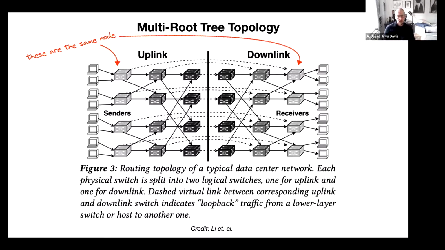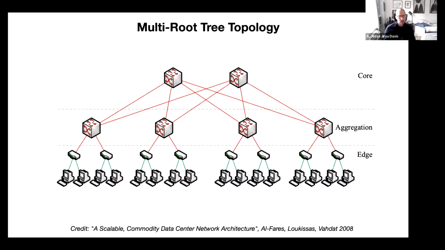I found this other diagram, which I found much clearer, in a 2008 paper of a multi-root tree topology. So you can see it has two roots. Messages between pairs of nodes have to go up until they find a common parent of the sender and recipient, and then they can go back down the network to the recipient.